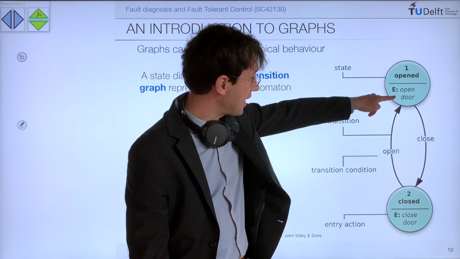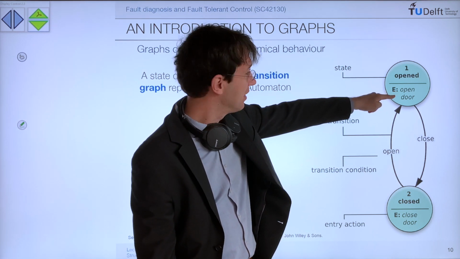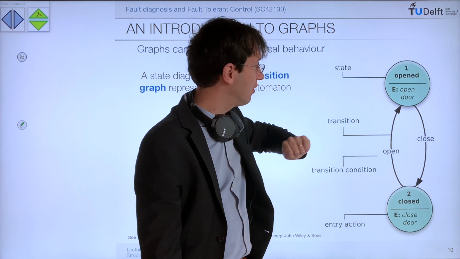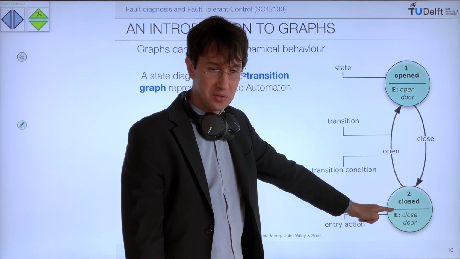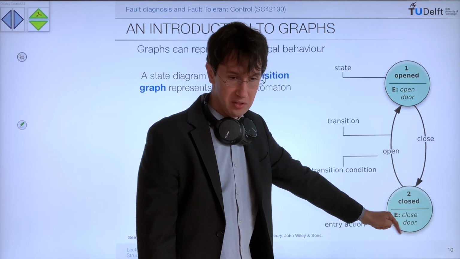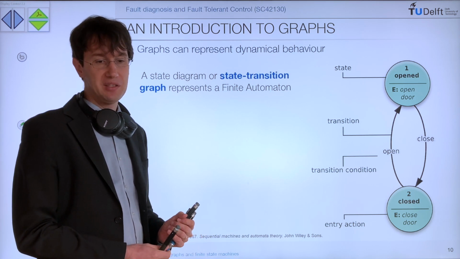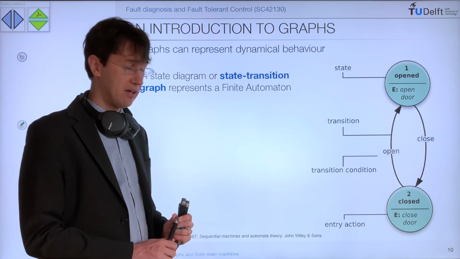You traverse this edge, and the first thing that you do is you open the door. And then you are finally inside the state the door is opened. The other way around, in this state, what you are doing when you get there is to close the door. So in this case, the formalism is also extended with respect to the basic definition of a graph.